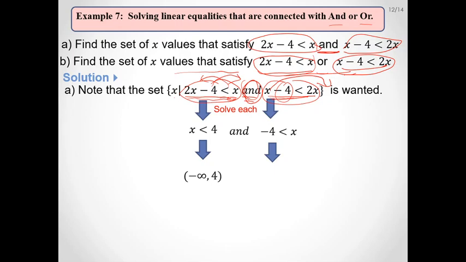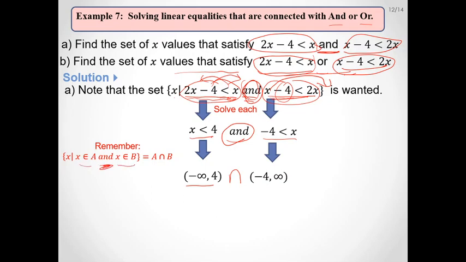the next thing is to write this one as an interval and write this one as an interval. And, if you remember, it was the intersection condition. Remember this: if x is in A and x is in B, it means A intersection B. So we take the intersection of these two intervals.